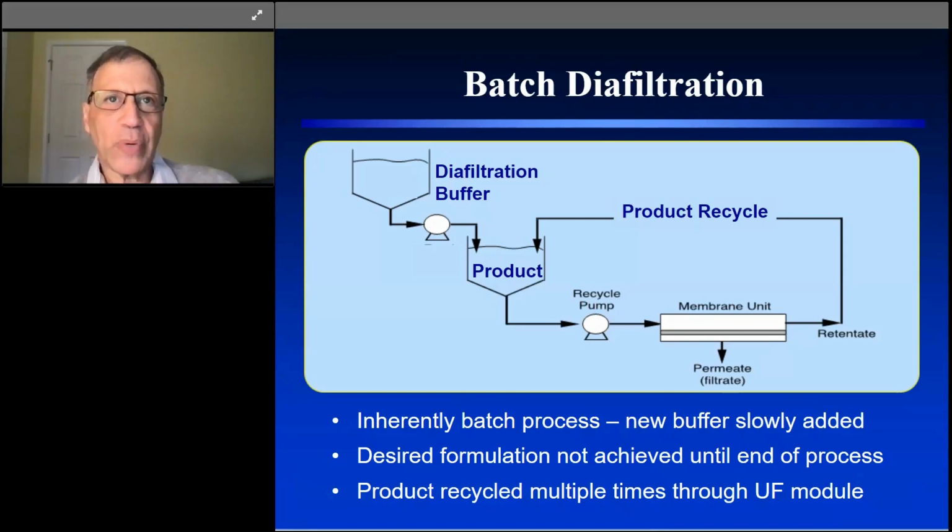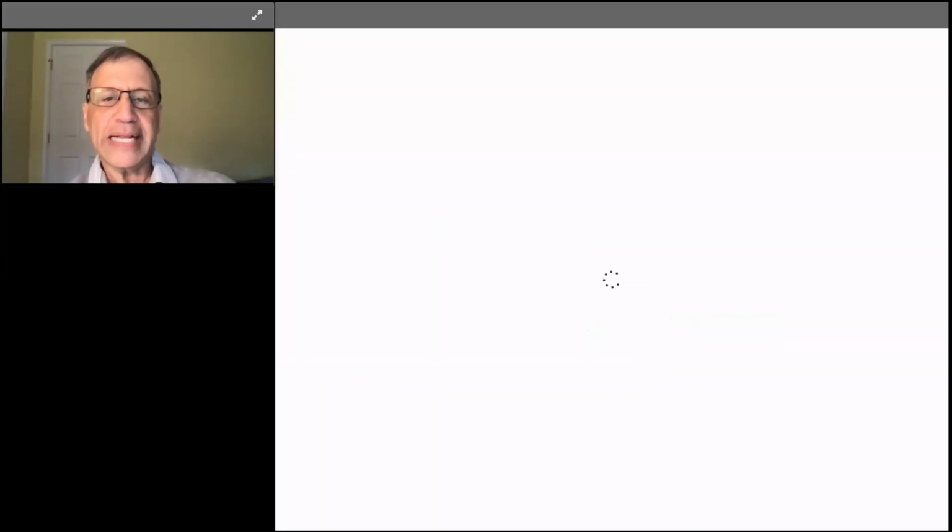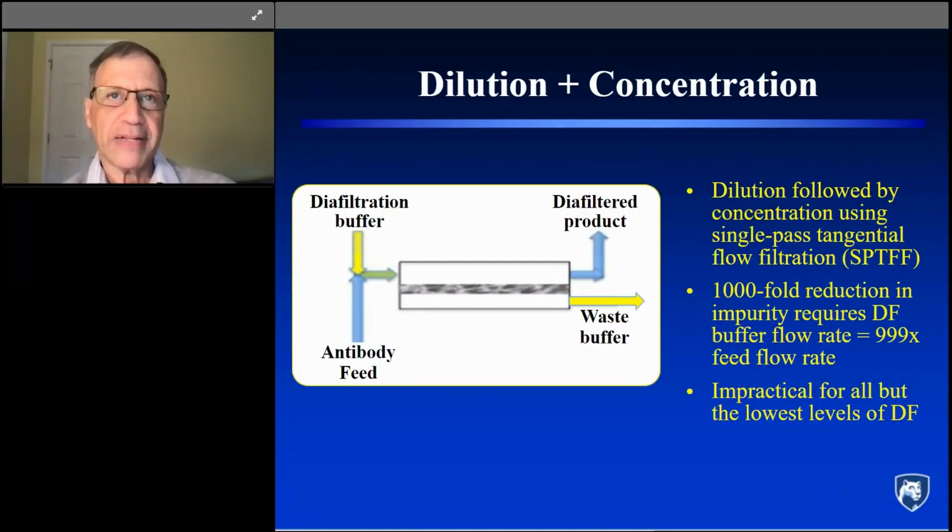Now, how might we consider switching this to a continuous process? Well, in its simplest form, diafiltration is nothing more than a dilution combined with a concentration step. In the batch diafiltration process, we do that dilution and concentration simultaneously, so the volume of our product solution doesn't change with time.